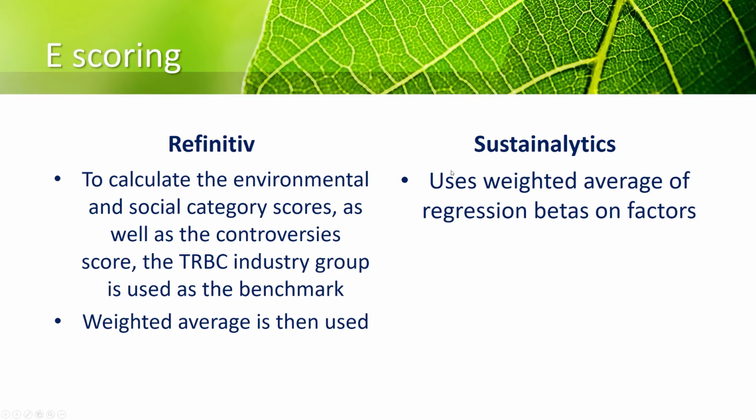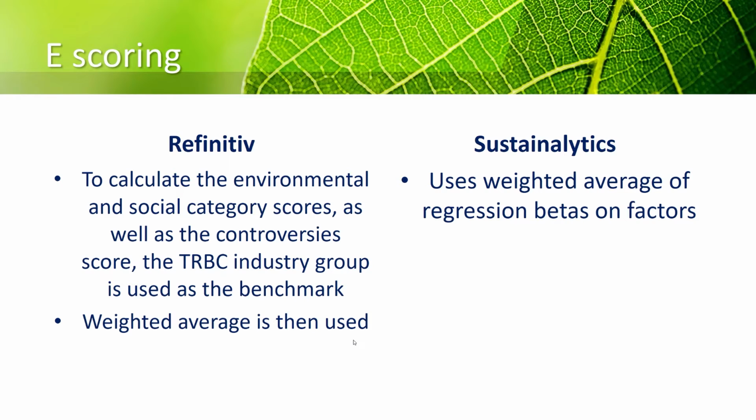Refinitiv calculates environmental and social category scores, as well as the controversy scores. The TRBC industry group is used as the benchmark, so they have their own custom industry group. And then a weighted average is used. They don't define the weights again and do not release the weights.